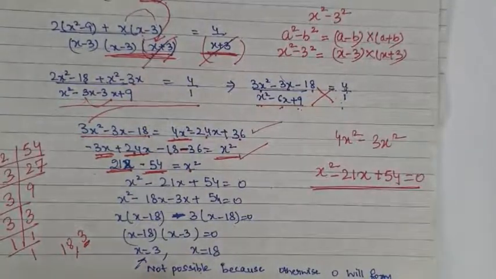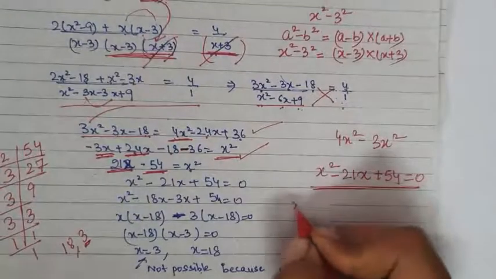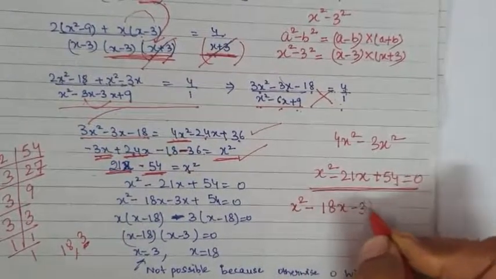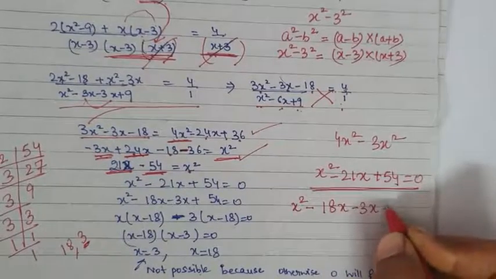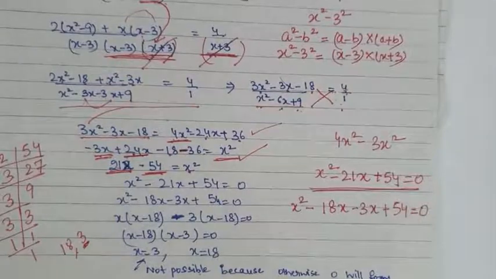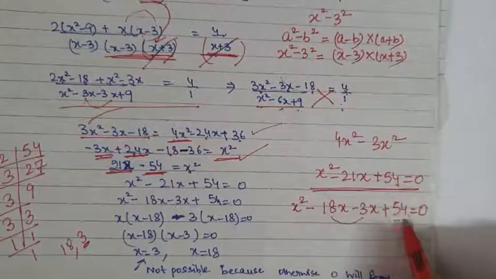But children, we need minus 21 here. So we will break it like this: minus 18x minus 3x plus 54 is equals to 0. Clear? Because 18 into 3 gives you 54 always.